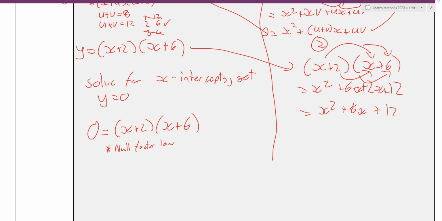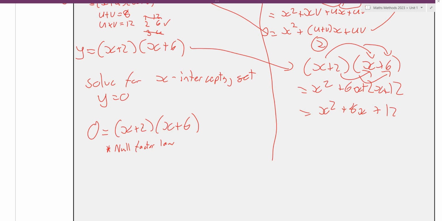It'll be 0, because 0 times anything is 0. What if I make the right-hand bracket equal to 0? What will happen to the whole equation? 0. So the way I solve this is I either make the first bracket 0 or I make the second bracket 0. Both answers are correct. So in this particular case, there's 2 answers.